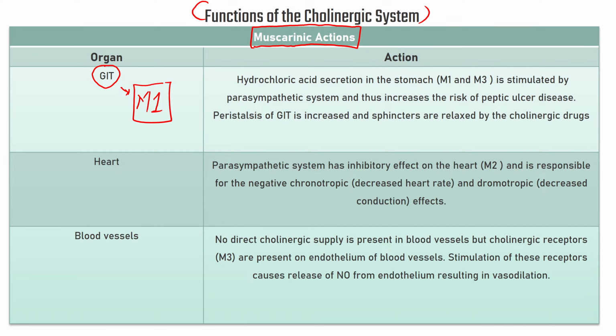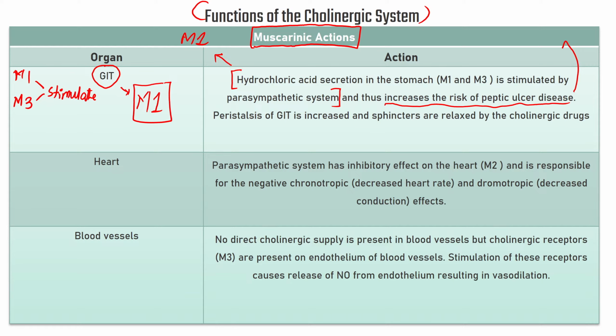M1 and M3 both stimulate. So M1 in the gastric ganglia will increase HCl secretion, mainly by M1 and M3, and thus it will increase the risk of peptic ulcer disease.